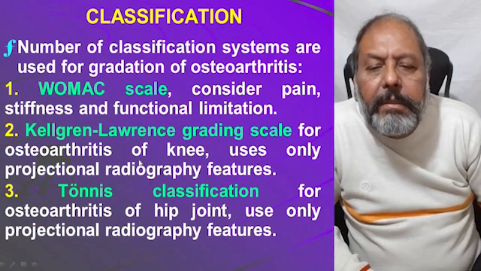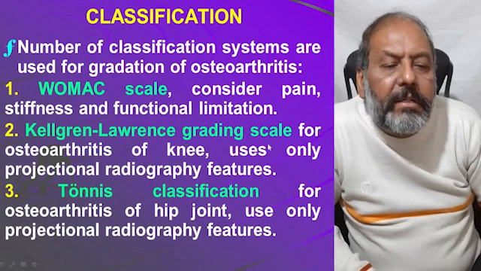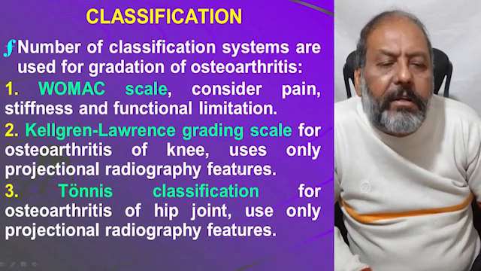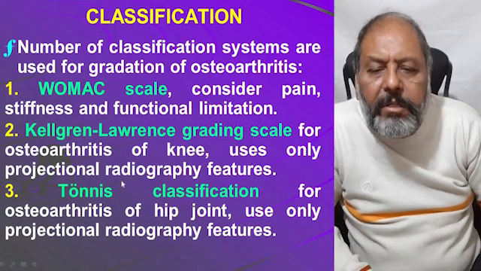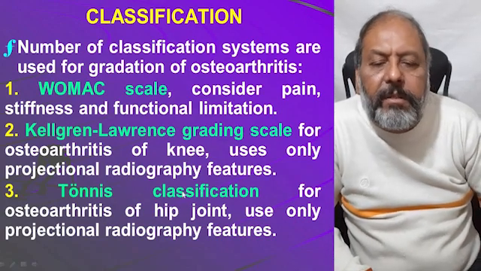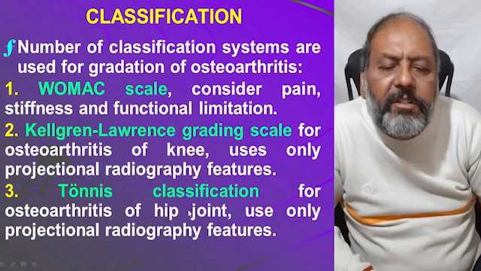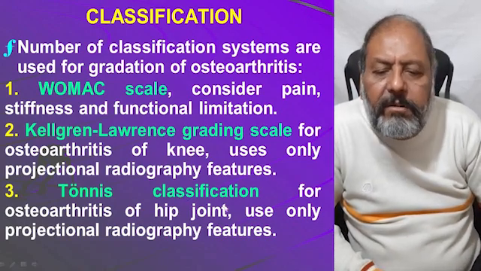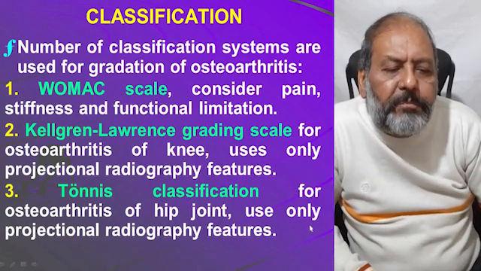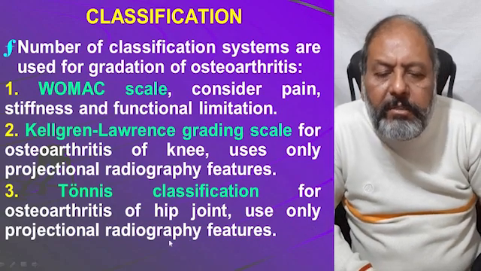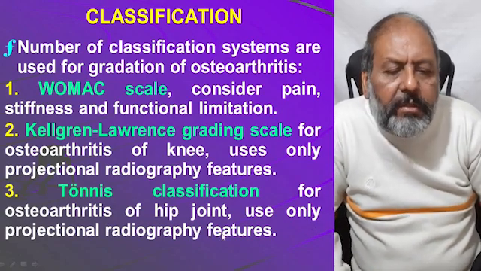Number two is the Kellgren-Lawrence grading scale for osteoarthritis of the knee, which uses only projectional radiography features. And the third classification is Tonnis classification for osteoarthritis of the hip joint, that uses only projectional radiographic features.